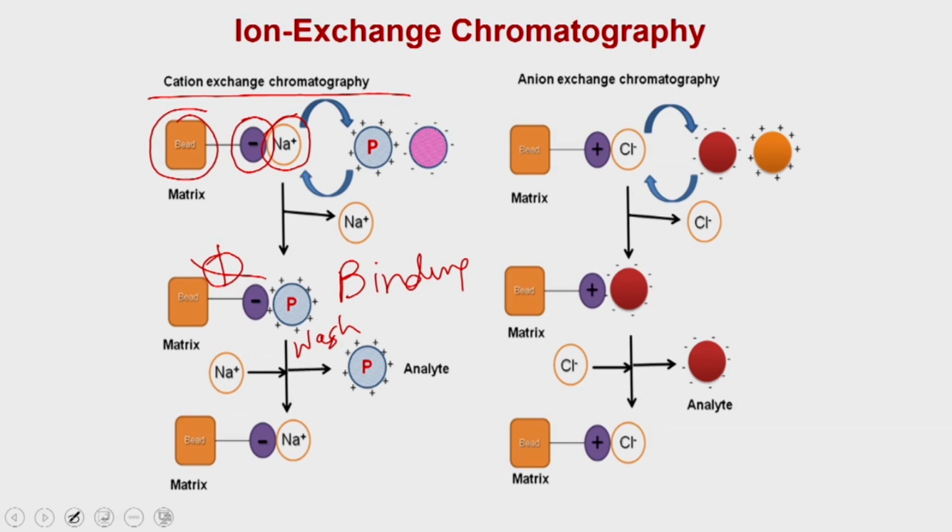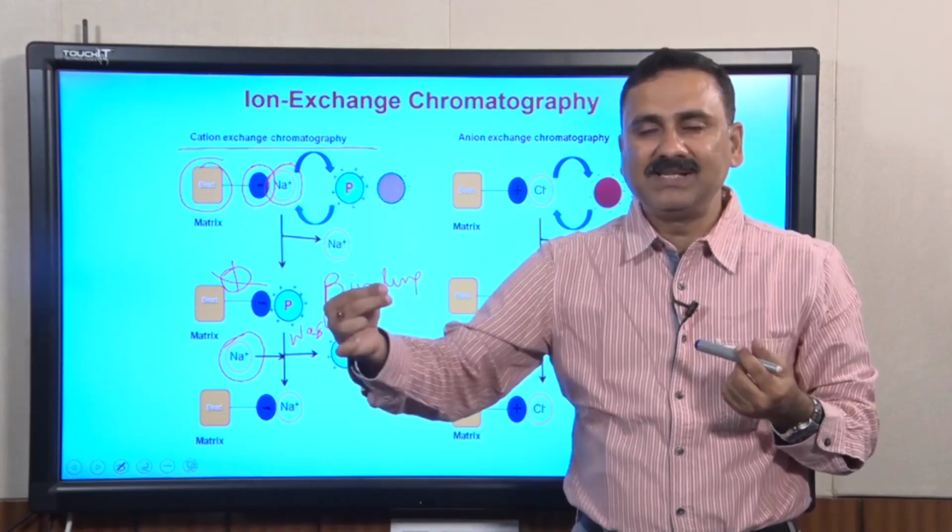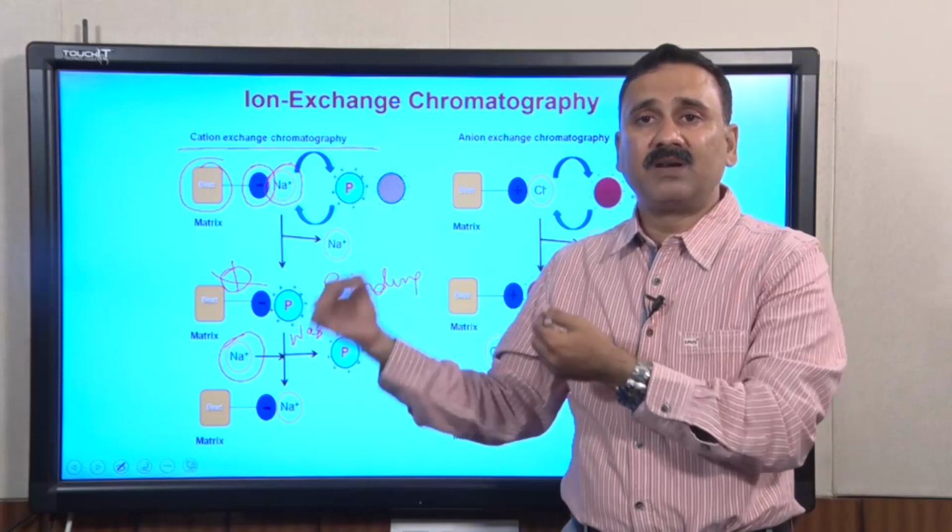Now, you have the beads, the functional group, and the protein bound to that particular functional group. Now, what you are going to do is exactly the reversal. You will supply the NaCl or the sodium. Once you add the sodium, it is going to replace the protein and bind to your functional group, but the amount of sodium required to replace the protein bound to the matrix beads is going to be different for different proteins.